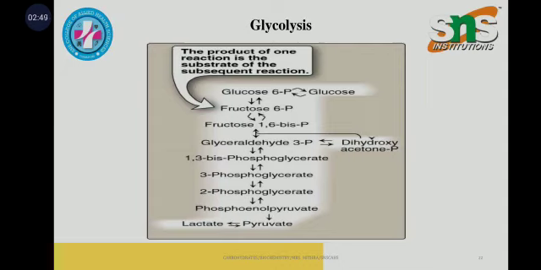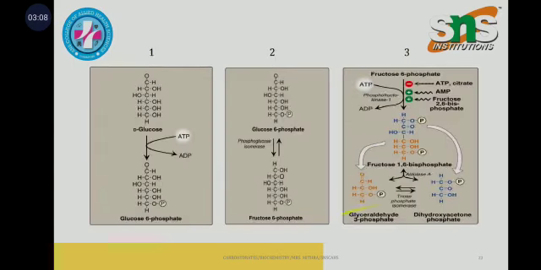From glyceraldehyde 3-phosphate comes 1,3-bisphosphoglycerate, and 1,3-bisphosphoglycerate is converted into 3-phosphoglycerate, then 2-phosphoglycerate and phosphoenolpyruvate, and finally pyruvate, which converts into lactate. Coming to the steps, we will see them briefly.